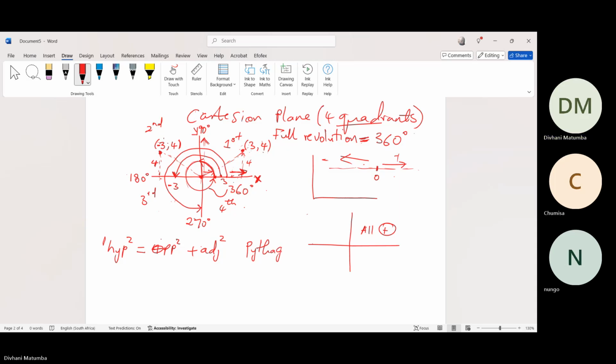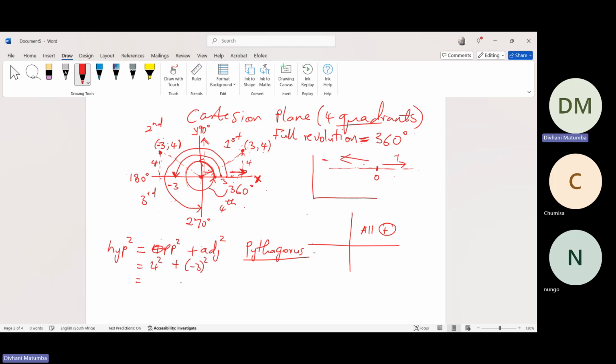Tumis? Yes, sir. Nungo, do you remember Pythagoras? Yes, sir. Okay. If the opposite is 4, we will have 4 squared plus -3 squared.